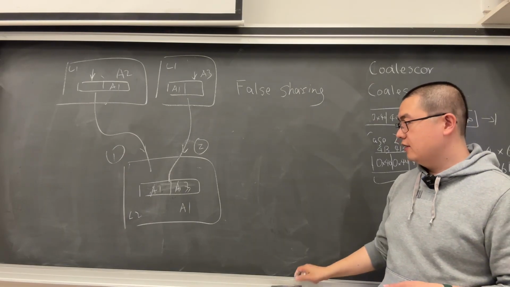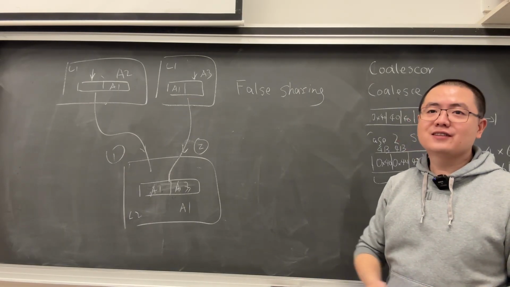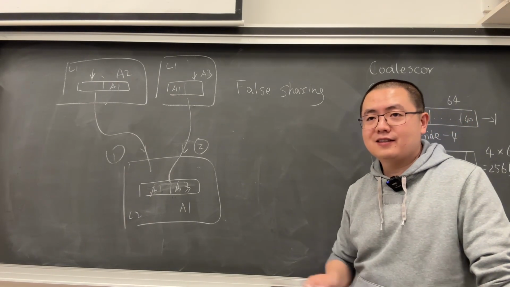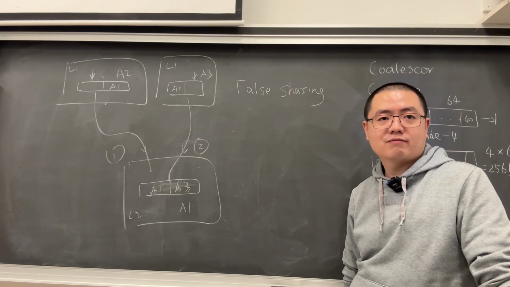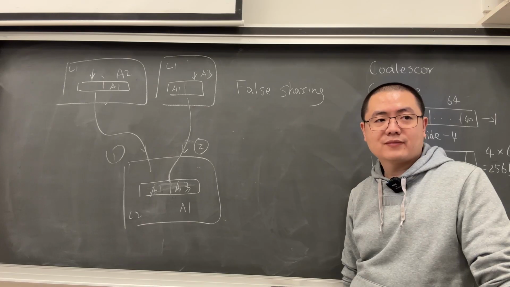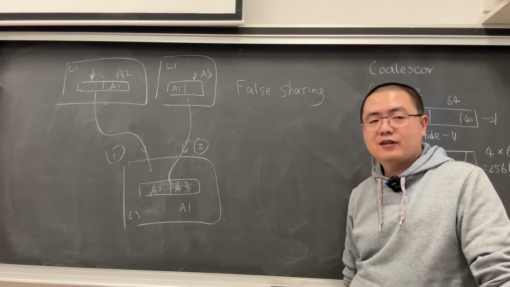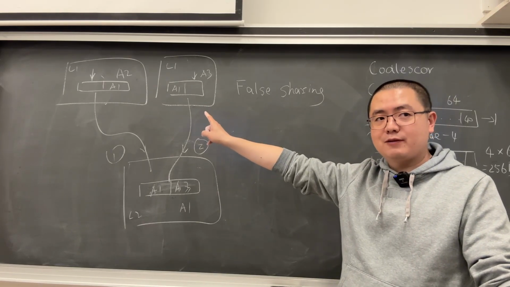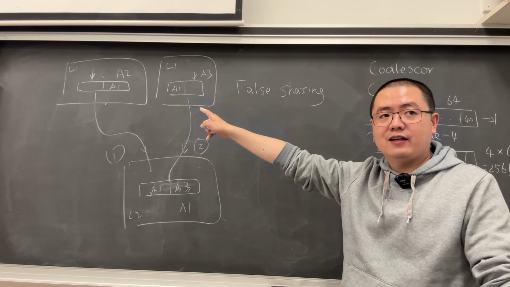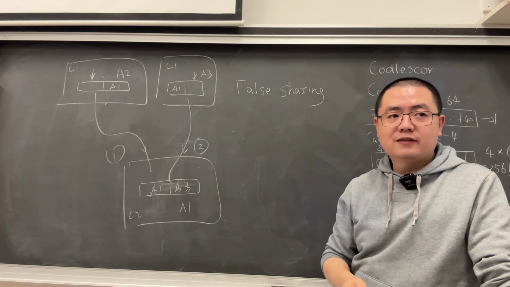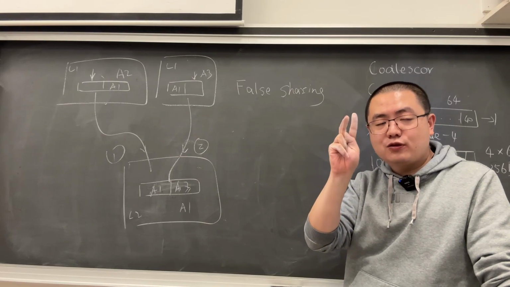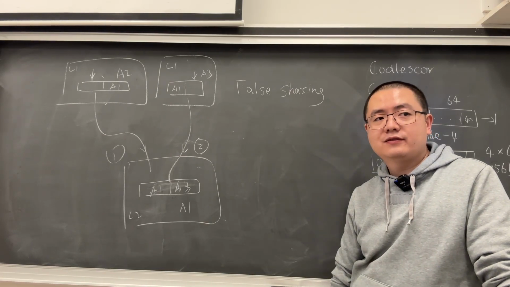Okay? How can we solve this problem? Just imagine you are the GPU designer. I'm giving an oversimplified example where we're writing half of a cache line. It can be small. It can be 1 byte, 2 byte, 4 byte, and so on.